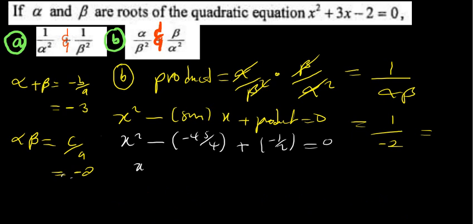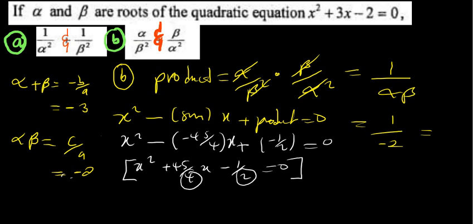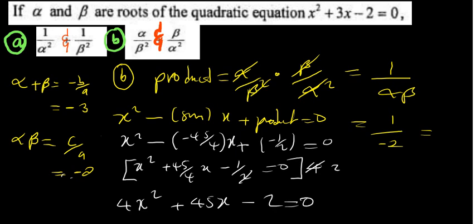So it will be x squared plus, I've forgotten an x, we always attach an x here, 45 over 4 x minus 1 over 2 is equal to 0. Just to make this not a fraction, I look at the denominators, I've got a 4 and a 2. I always take the bigger number, I'll get a 4. 4 times x squared, that would be 4x squared. 4 times 45 over 4, that would be 45x. Then 2 can go into 4, that is 2 times negative 1, that will be negative 2, is equal to 0. So this is going to be the equation.